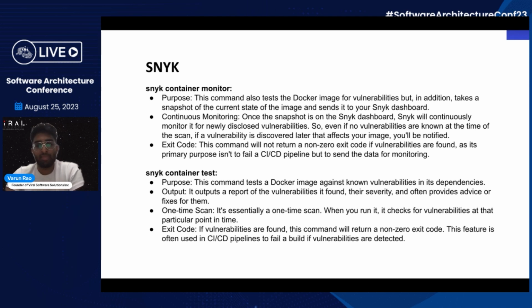This command will return a non-zero exit code in the case that there are any errors, and you can use this exit code inside your CI/CD pipeline to determine whether there are vulnerabilities in your image. If there are no vulnerabilities, the command returns a zero exit code; if there are vulnerabilities, it returns a non-zero exit code. So that's the idea.